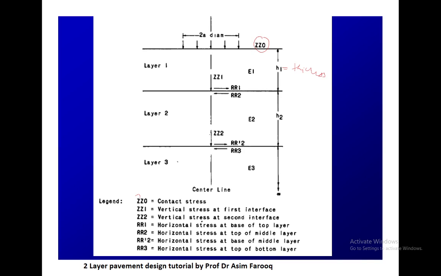Then similarly we can also determine the vertical stresses at the second layer interface, which is ZZ2. And at the end you can also determine the horizontal stresses at the top of the subgrade layer. But of course we will not have vertical stresses in the lower layer, because vertical stresses will only act in layer 1 as well as in layer 2.